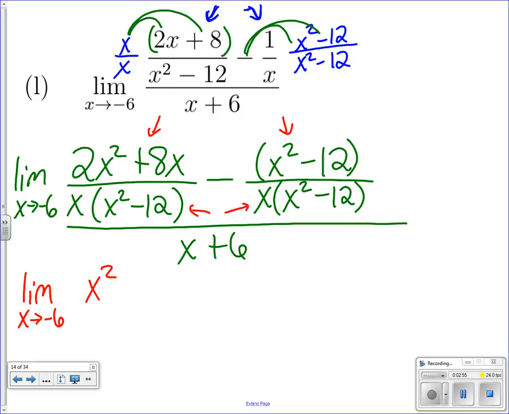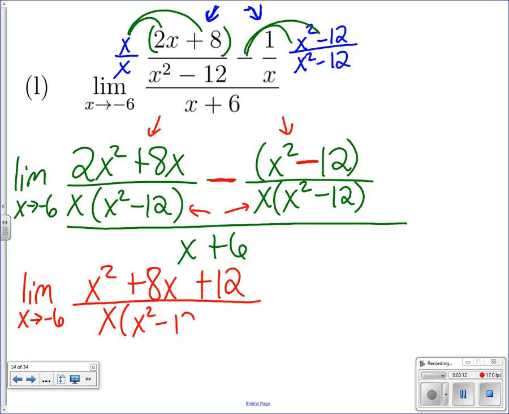Nothing can be combined with this 8x, so we still have plus 8x. And then really we have minus -12, so in other words, you're just really adding 12. On the bottom, we still have that x times x squared minus 12. And again, this is all over that x plus 6.